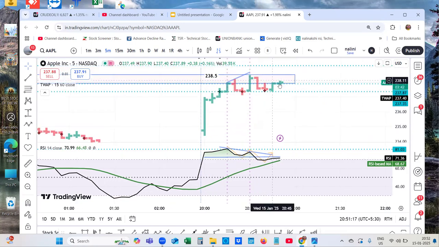So if you would have taken a position here, you would have lost money. This is the early entry thing. It could have made you lose money. So patience always wins, you need to wait patiently to take the trade.